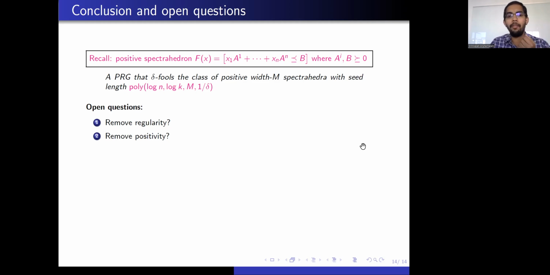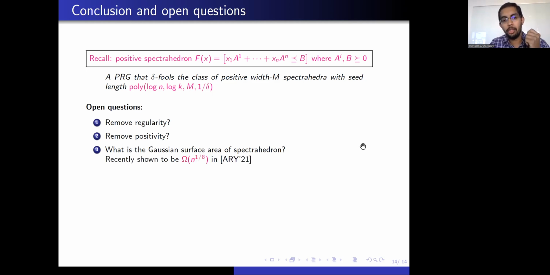But that motivates the natural question: what's the Gaussian surface area of a spectrahedron? For polytopes, Nazarov showed that it's square root of log k, so it's polylogarithmic in the input parameters. In a recent work with Oded Regev, we managed to show that for arbitrary spectrahedra, which need not be positive, the Gaussian surface area is actually n to the 1/8. Contrast this with polytopes, which was square root of log n.